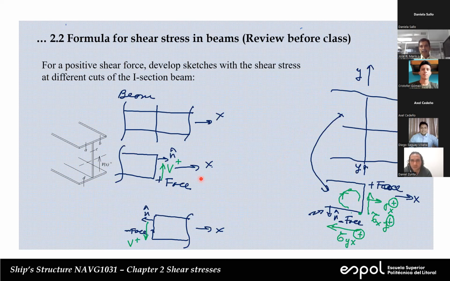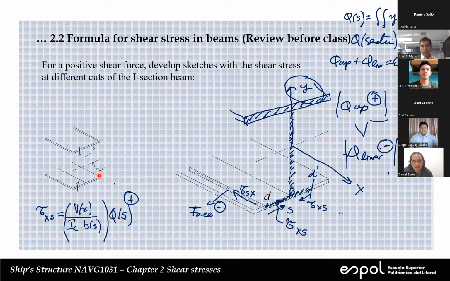This is something which is very interesting. We could analyze again the stress down here at card D, and similarly with the other cases.